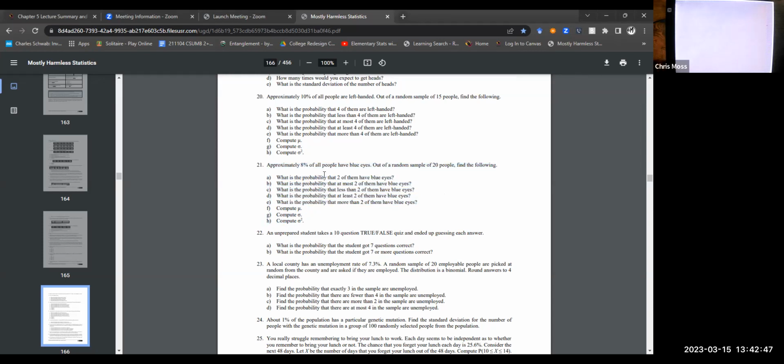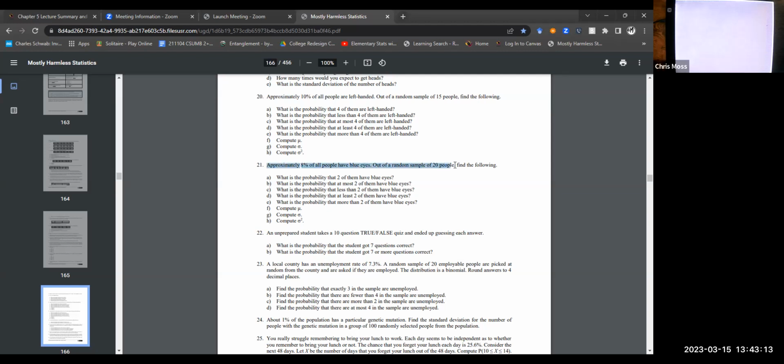I'm not going to do all of them, but I want to take a look at a couple of these. This is a nice example of the kind of problem that you will see on quizzes and on exams. I note that everything I need will be given to me in this particular instance.